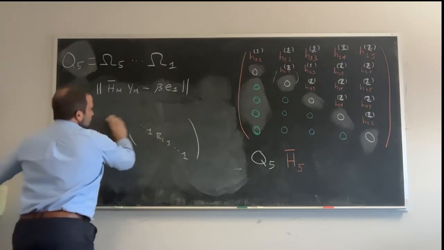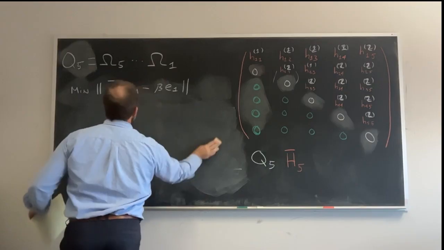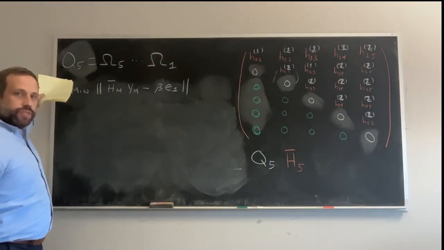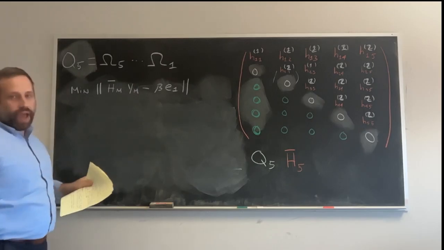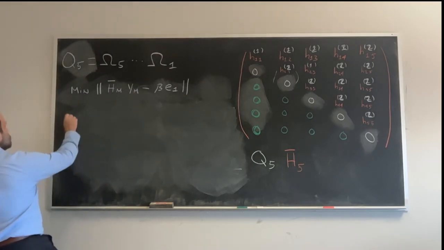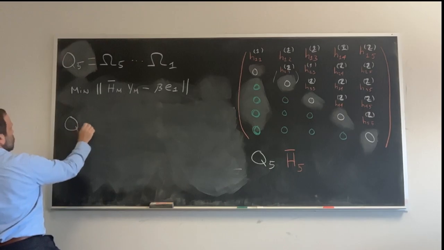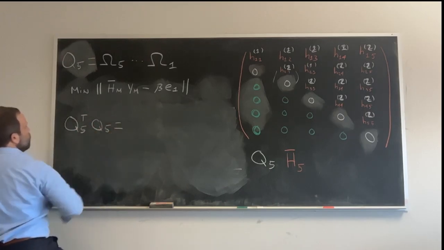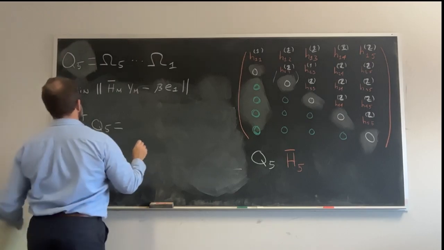Anyways, what this tells us then, since each of these omegas is unitary, it means that Q5, their product, is also unitary. Again, you can just see this if you do Q5 transpose Q5. Well, what are you going to get? What's Q5 transpose?